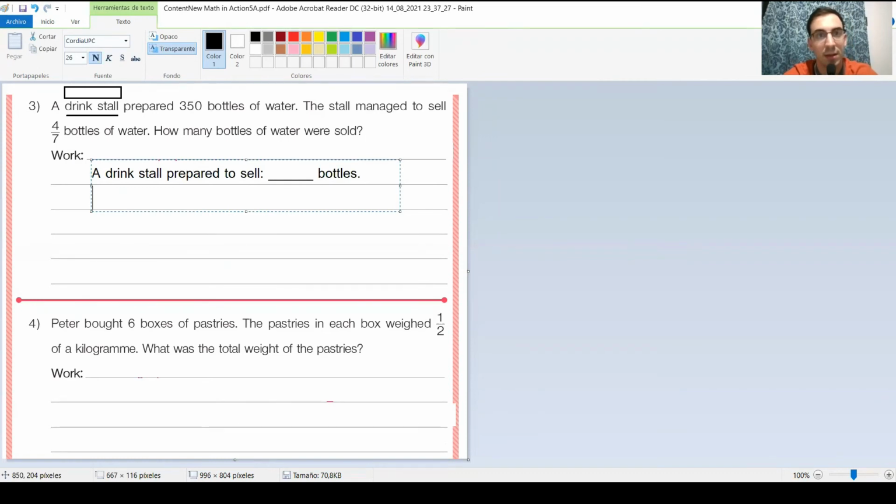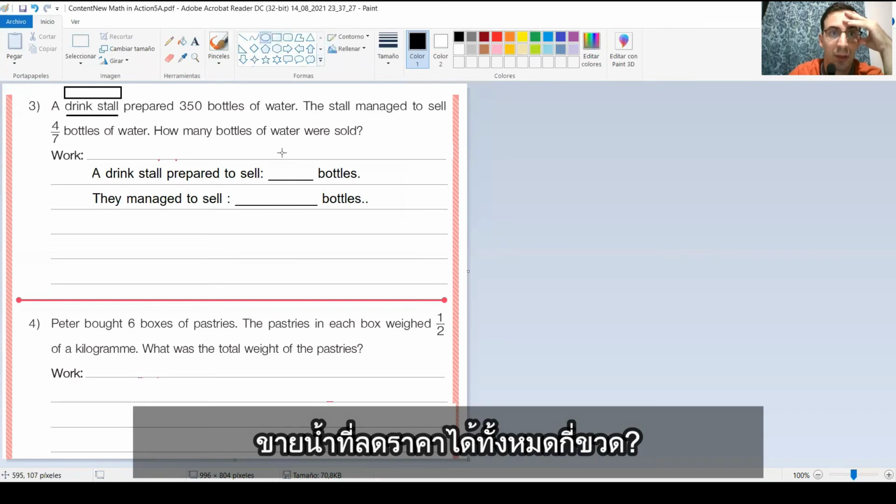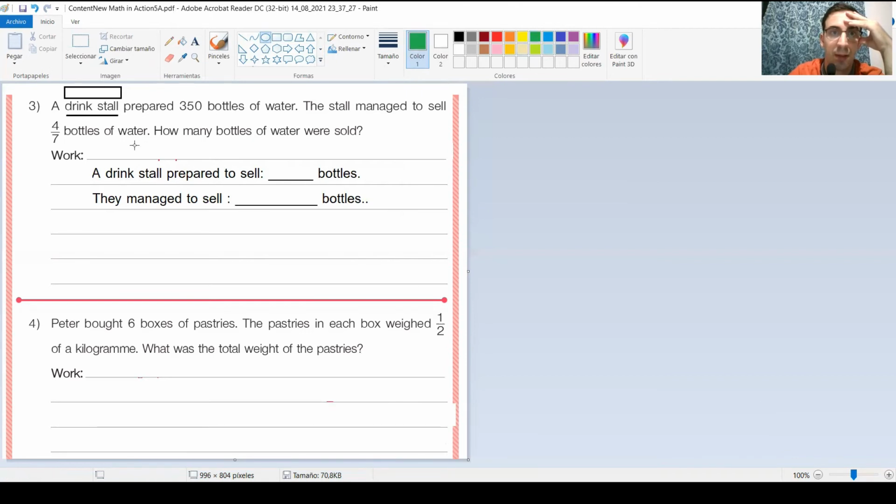Then they managed to sell... bottles. Okay, so how many bottles were they prepared to sell? This, right? And how many bottles did they manage to sell? So they managed to sell this.